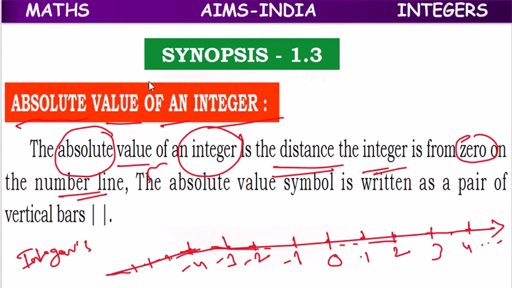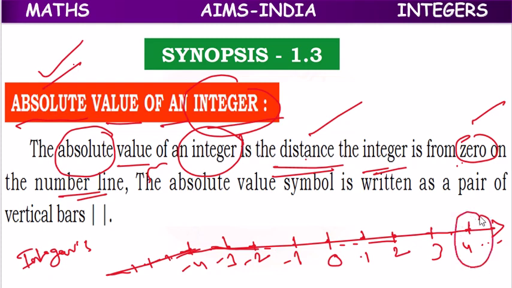So if we take any integer, its absolute value means its distance from 0. Its distance from 0 will be called the absolute value of that integer. Suppose I want to find the absolute value of plus 4.